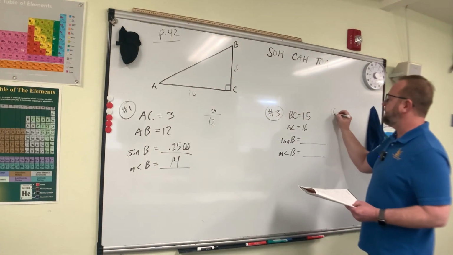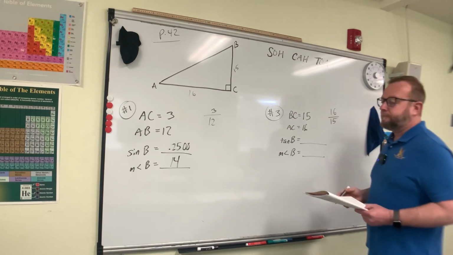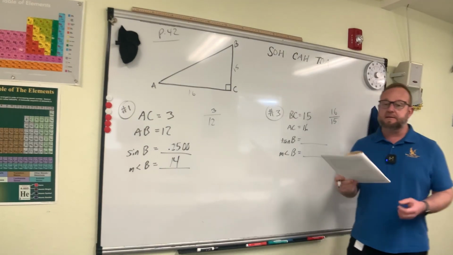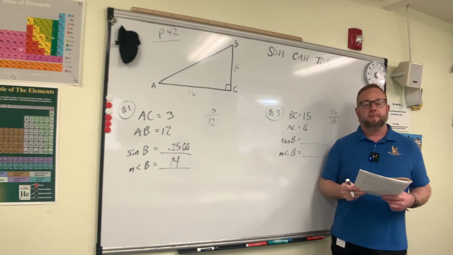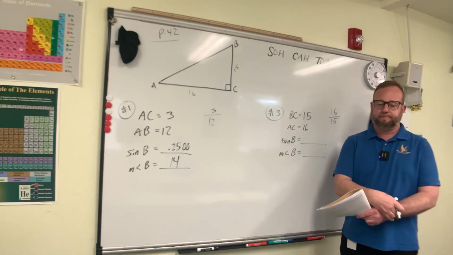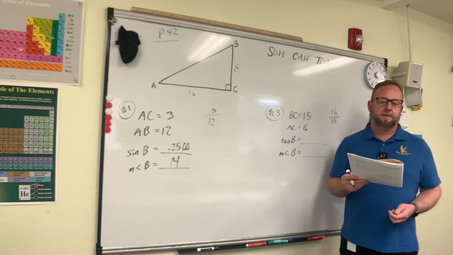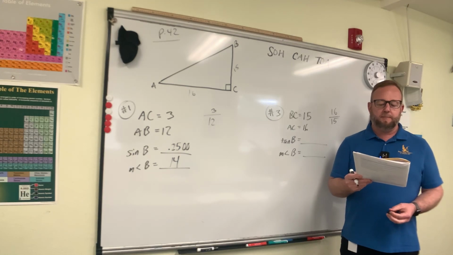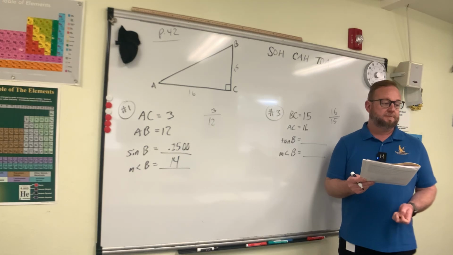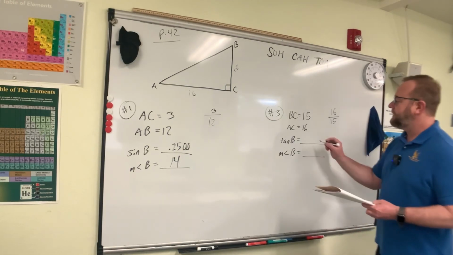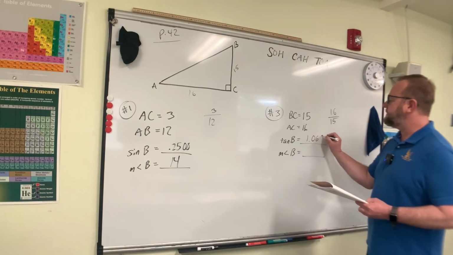That's 16 over 15. When I do 16 divided by 15, what do I get for the answer? Do you get 1.0667 when you do that? 1.0667.